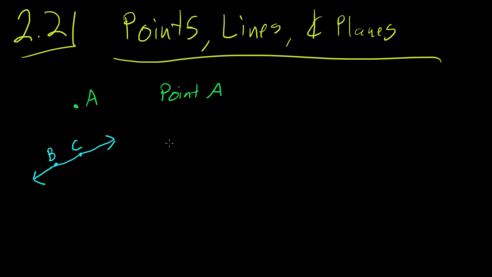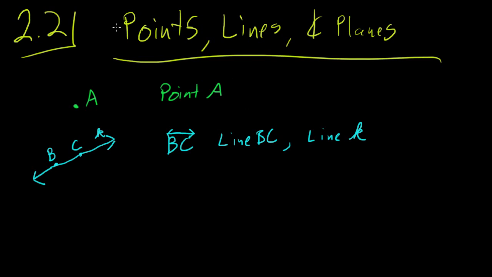So we could call this line BC, and this is the symbol for line when you write it down on paper. It would look like that. Line BC, and we would call it line BC. Lines are also sometimes named with lowercase letters, so this could also be line K.